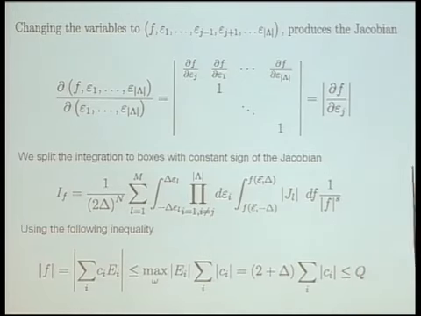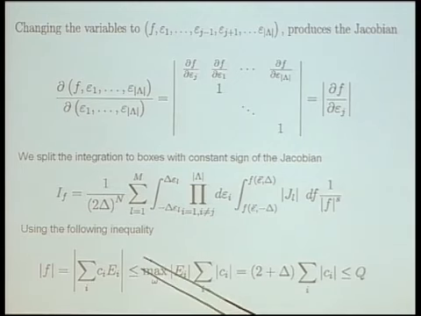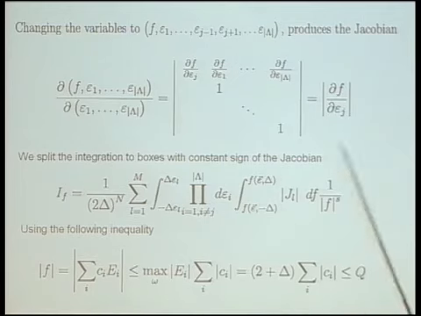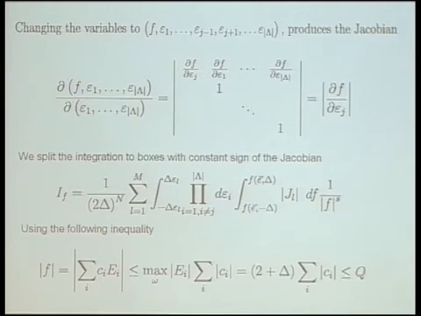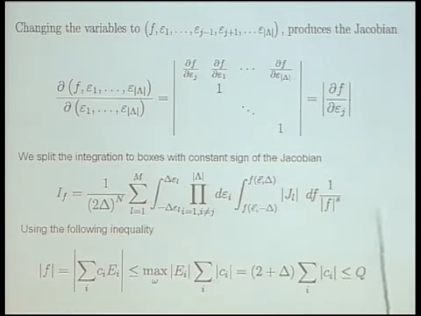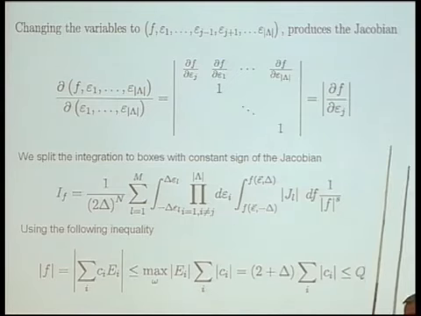Now f itself is not a problem. It can be easily bounded because it's a band, the energies are bounded. There's no problem, we bound f by q. The problem is with the Jacobian of this transformation, which appears in the denominator, so you have to bound it from below.